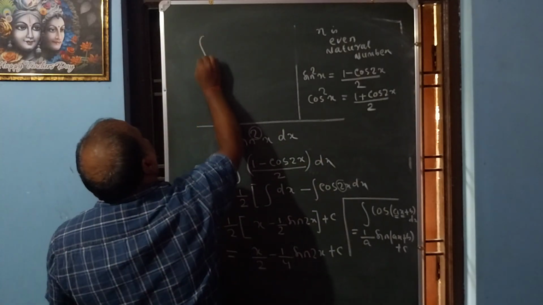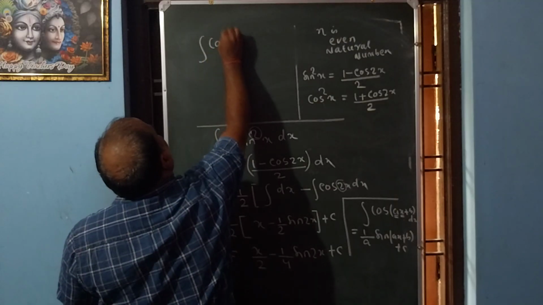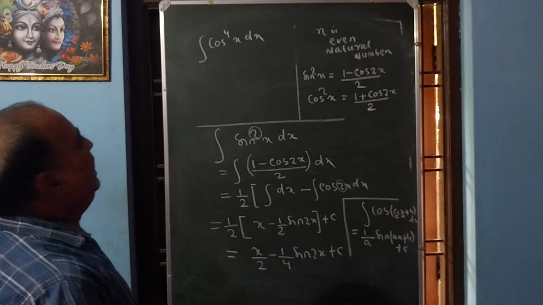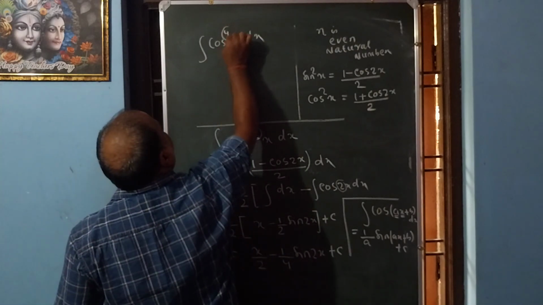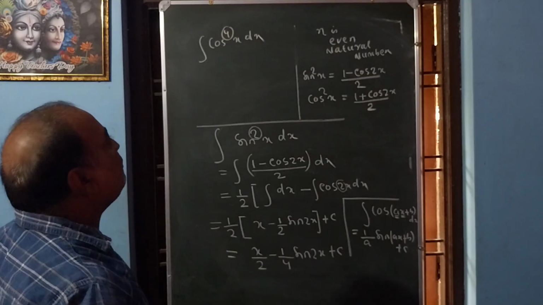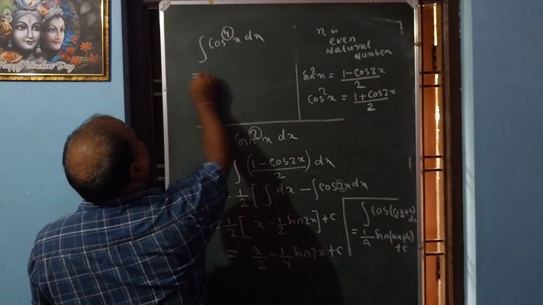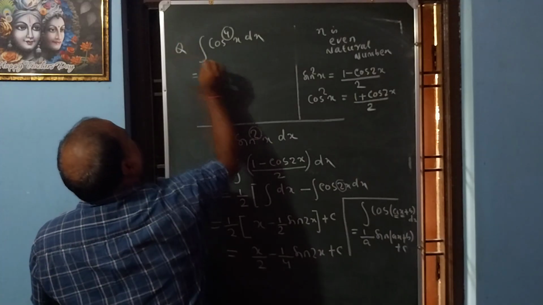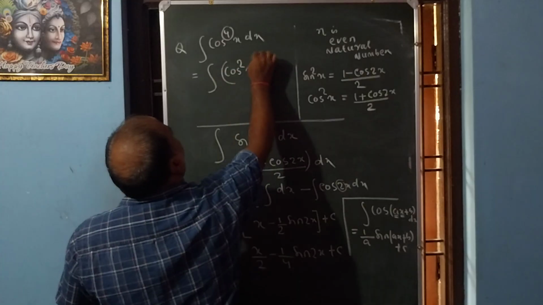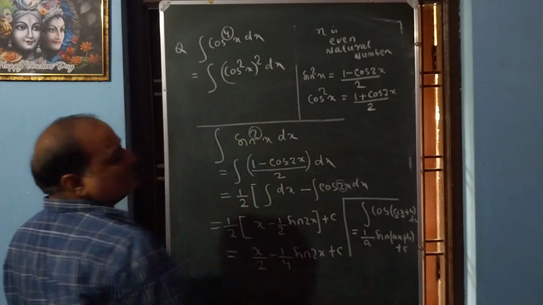Write down integration of cos to the power 4 x dx. Here n is 4 which is even. So you have to break this as cos square x whole square into dx.